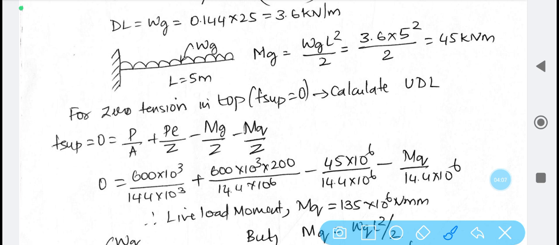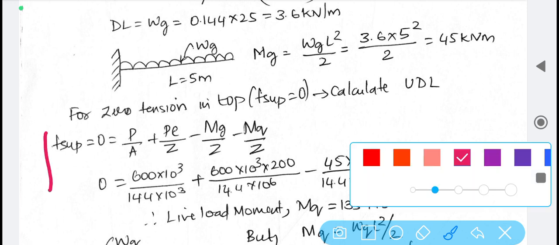So here we need to make use of the fundamental aspects of pre-stressed concrete. That is, the main aim of PSC is always to nullify the tension, that is, tension has to be zero. Tension is acting at the topmost fiber in the case of cantilever. Therefore, at the top, F superior needs to be equated to 0.